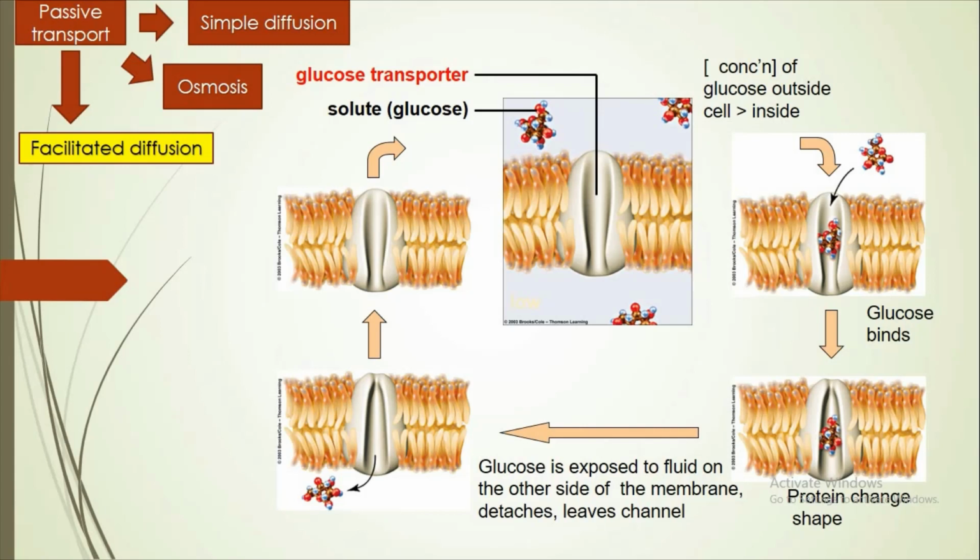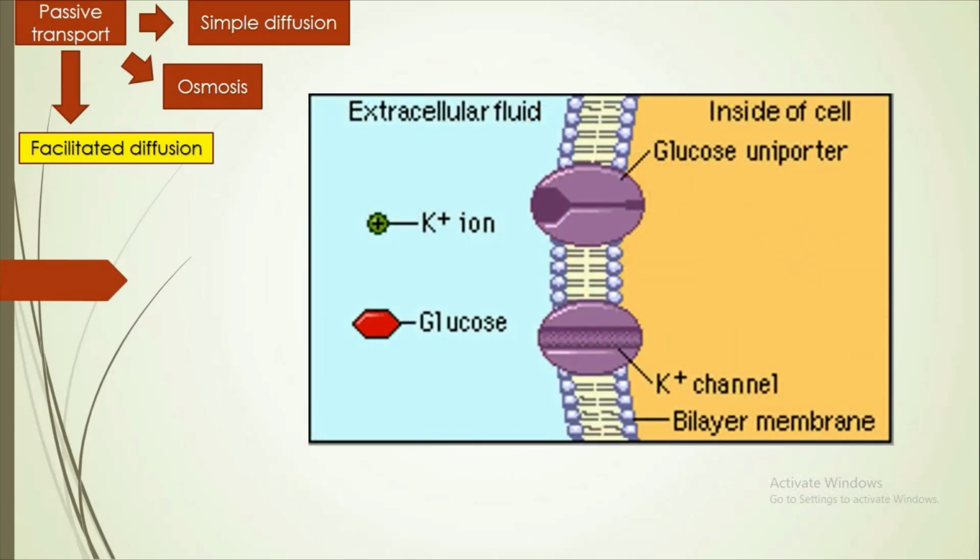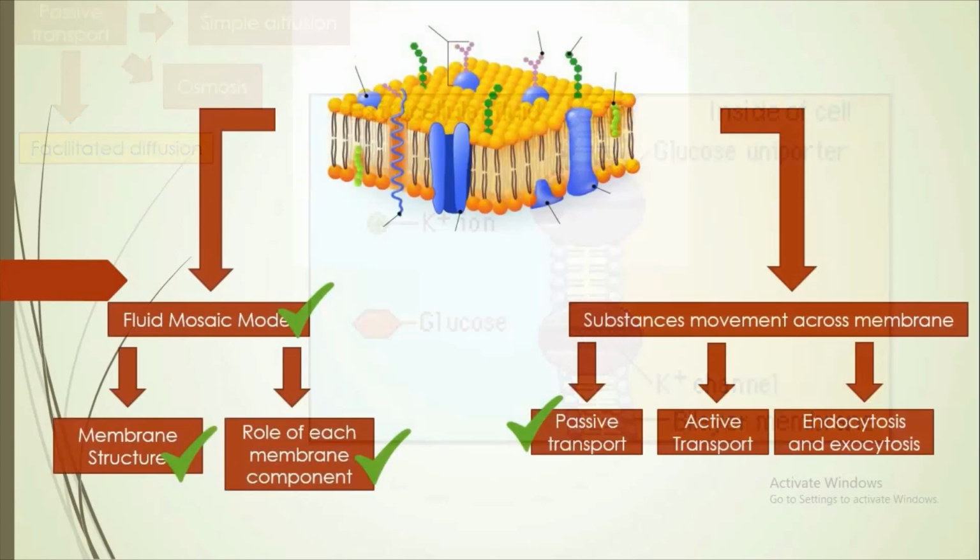So the glucose transporter protein shuttles the glucose from outside to inside the cell to achieve equilibrium down the concentration gradient. Here is the animation for the glucose movement. As you can see, the glucose transporter changes its shape accordingly to the glucose structure to allow its transport.